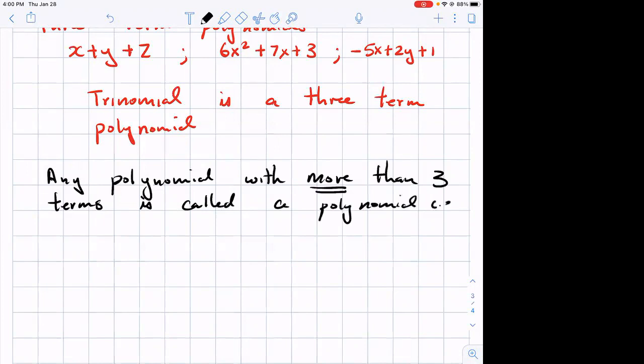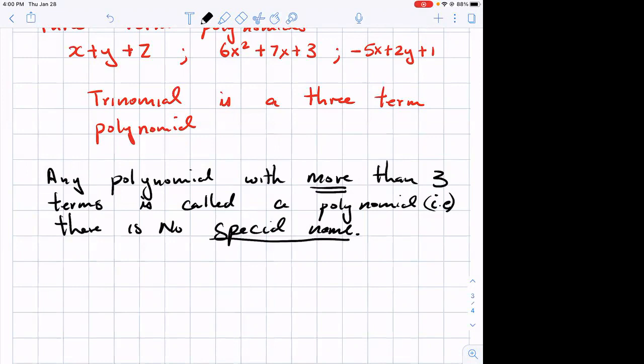Meaning, that is, there is no special name. There is no special name if it has 4 terms.